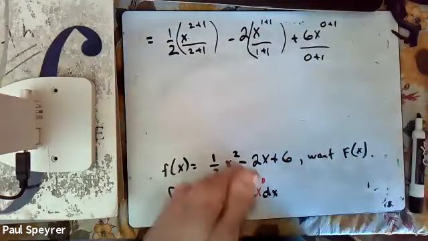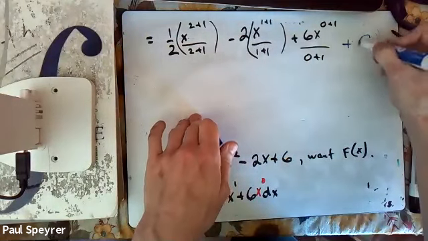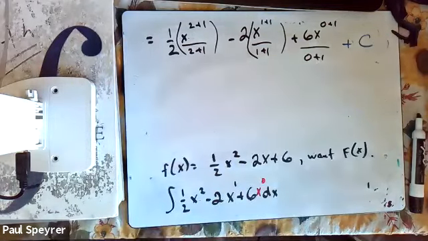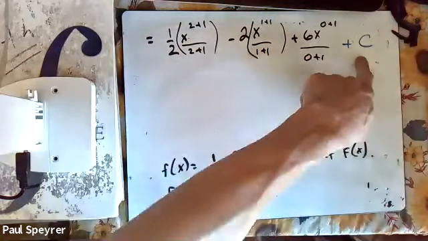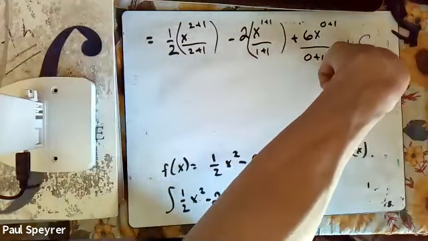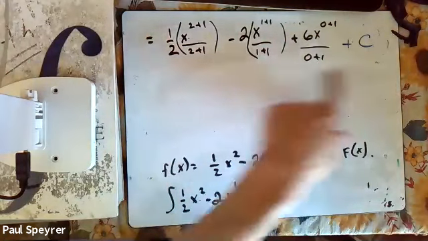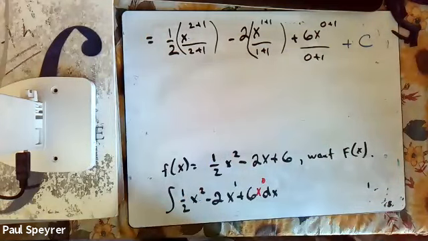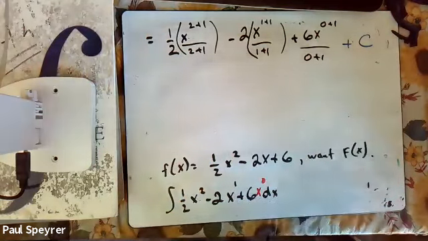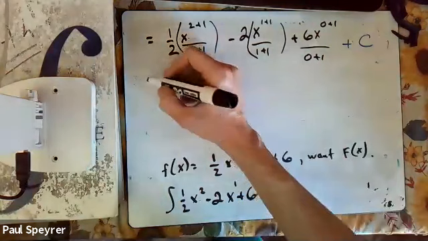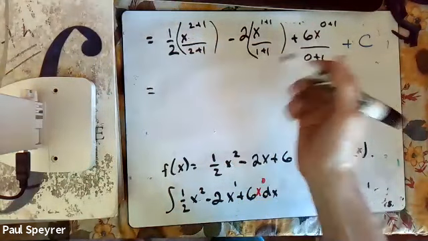And one more thing, don't forget it: because we have an indefinite integral, or are finding the general antiderivative, we're going to have a plus c. People always forget that on WebAssign as well. They'll type in everything correctly simplified, but they forget the plus c, and it says you're incorrect. It also needs to be an uppercase C on WebAssign. So now let's simplify.